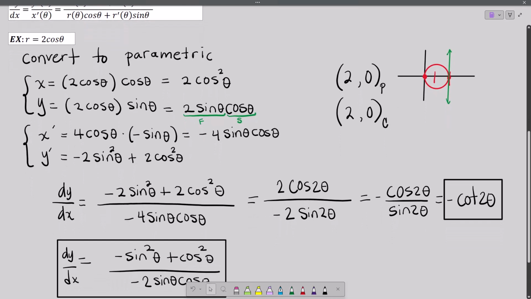And we see a horizontal tangent line right there. What do you think the angle will be that corresponds to that horizontal tangent line up there? So horizontal tangent line, what do you think that theta would be?